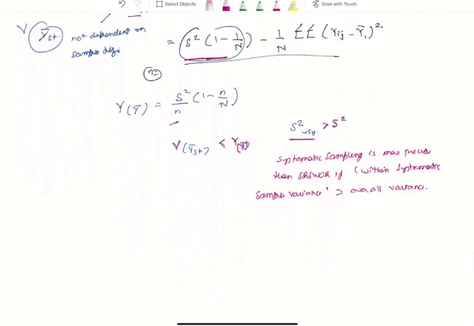Systematic sampling will be imprecise when the units within the same samples are homogeneous.